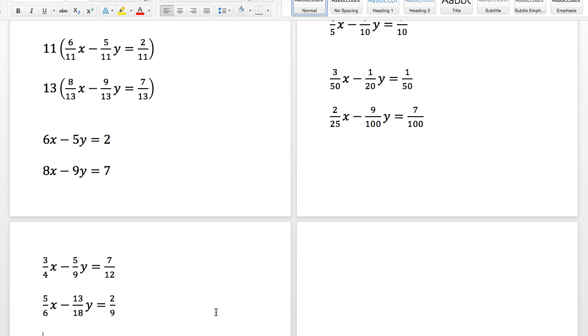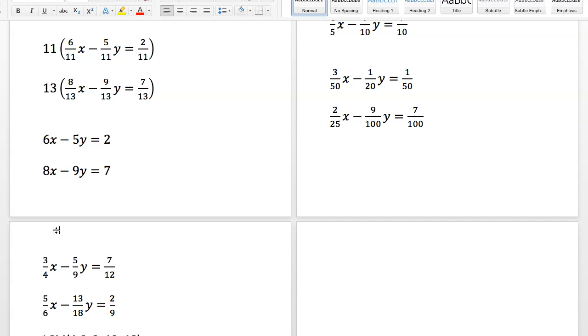We've got several denominators going on, but we need the least common multiple of 4, 9, 6, 12, and 18.